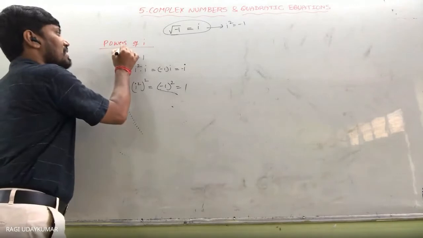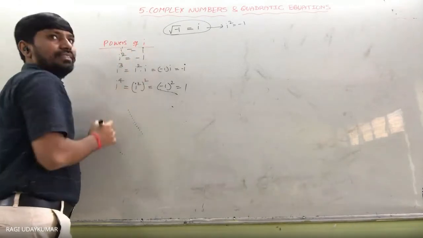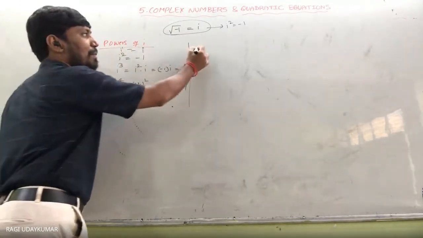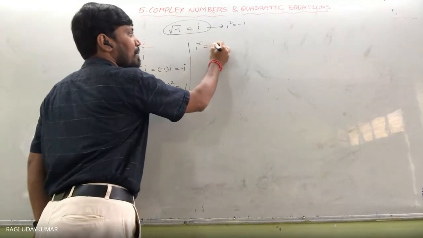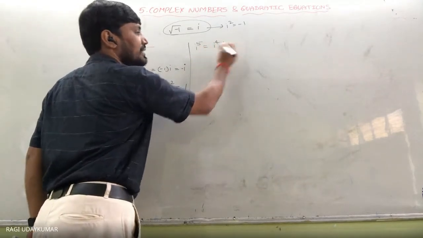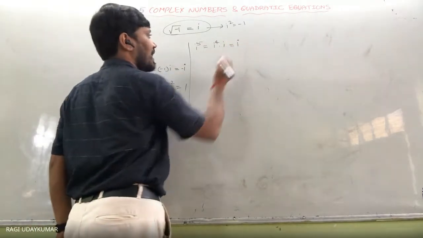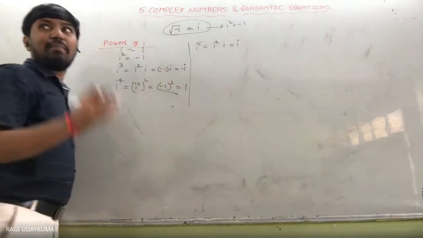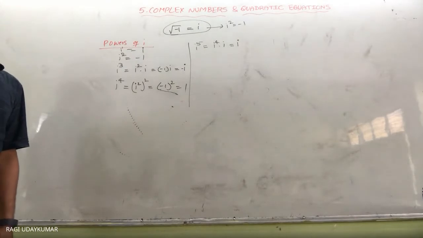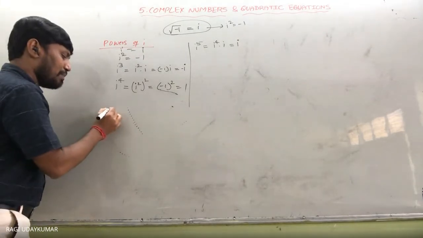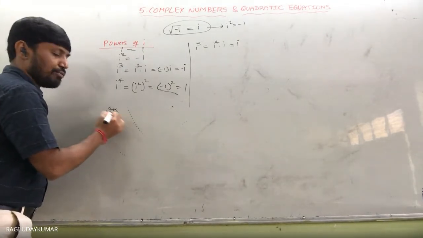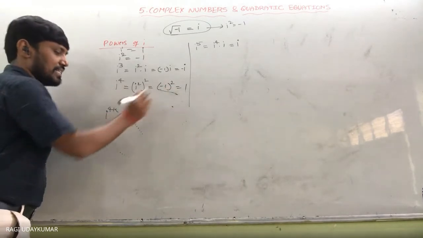Actually, i power 1 is equal to i. In the same way, i power 5, if you are taking, i power 4 into i. i power 4 value is 1. So this is i. The same comes again: i power 1, i power 5. So if you have i power 4k, a multiple of 4, that is equal to 1.